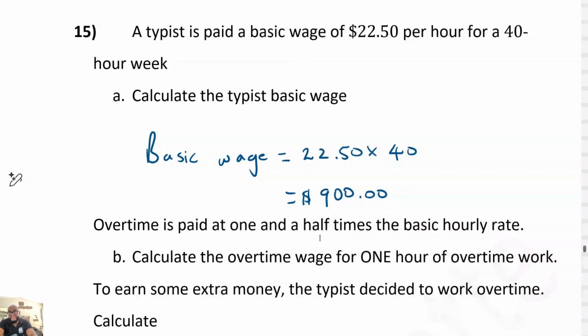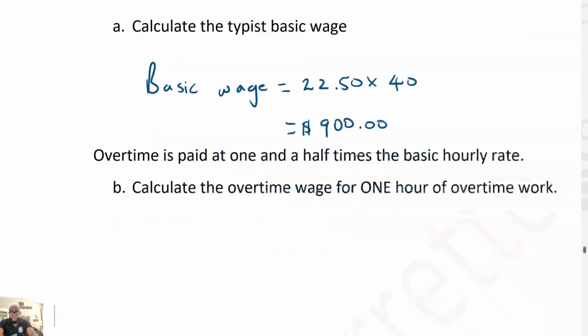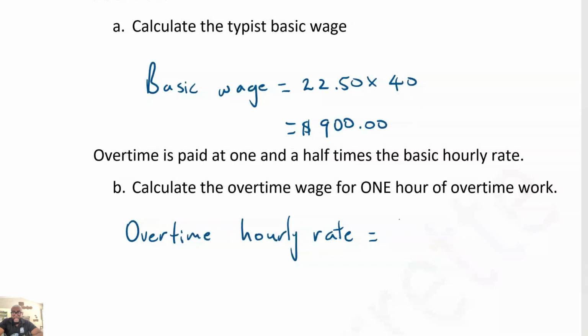Overtime was paid at time and a half, right, times the basic hourly rate. Calculate his overtime wage for 1 hour. So they're basically asking for your overtime hourly rate. So what is it? What are we looking for? Time and a half multiplied by how much is the typist working for per hour in basic hours?